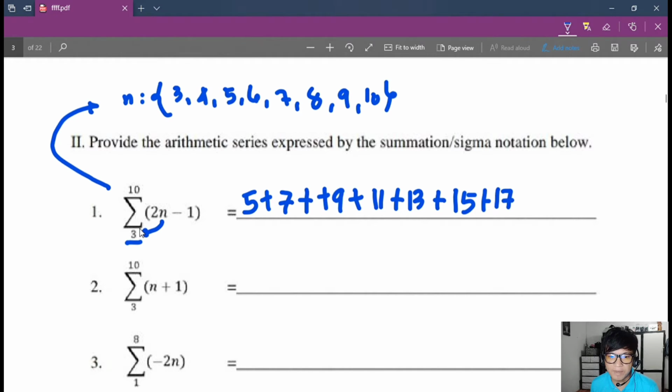So, 3, 4, 5, 6, 7, 8, 9, 10. So, there are 8 terms. 1, 2, 3, 4, 5, 6, 7. Kulang pa siya ng isa. Plus 19. So, yan yung arithmetic series ng sigma notation na ito.